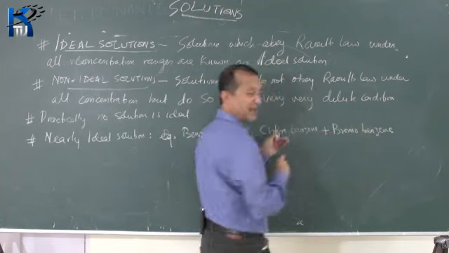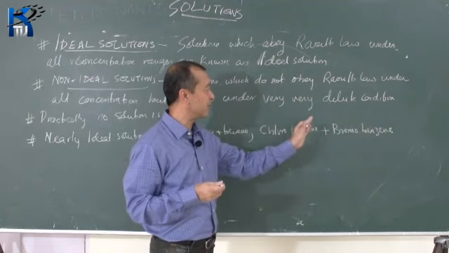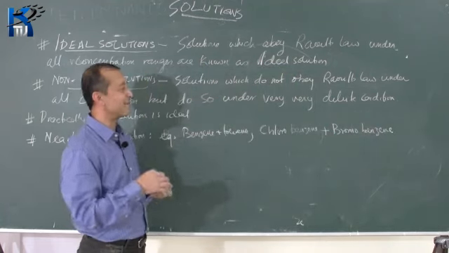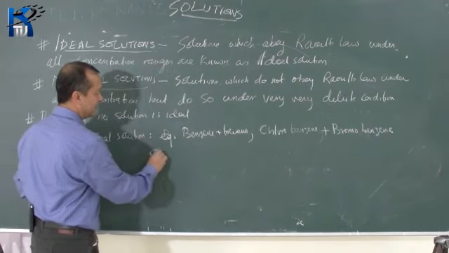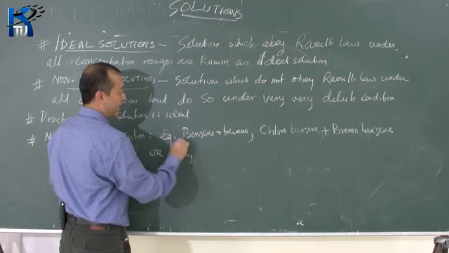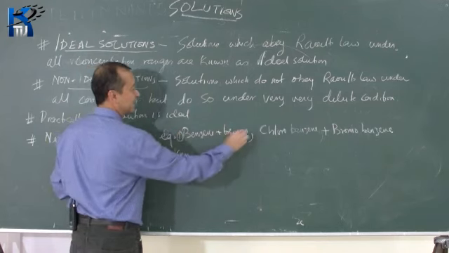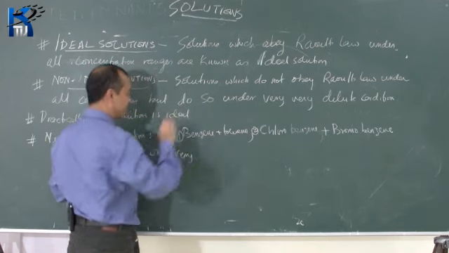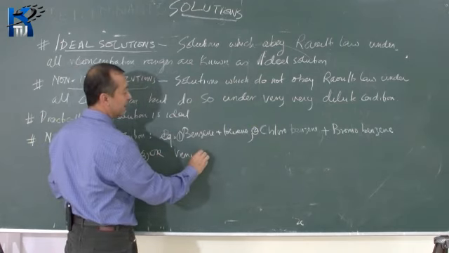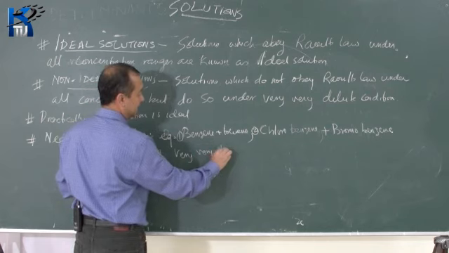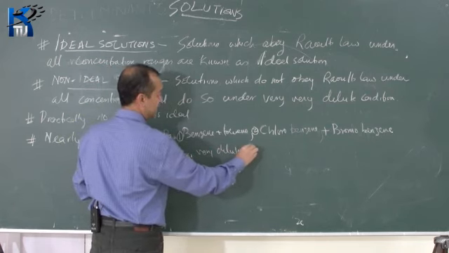You can say similar types of compounds, like chlorobenzene, bromobenzene, benzene, toluene. These are nearly ideal solutions. Or example 3, a very, very dilute solution.